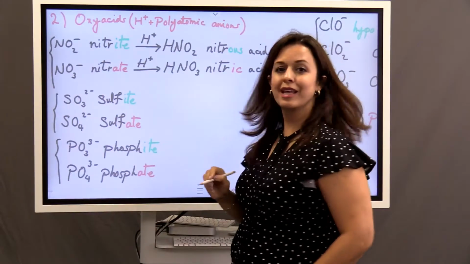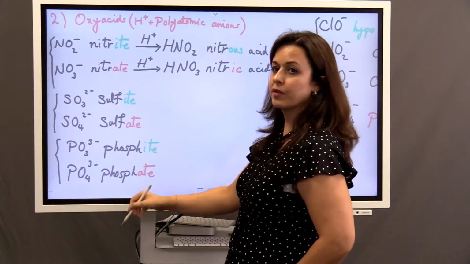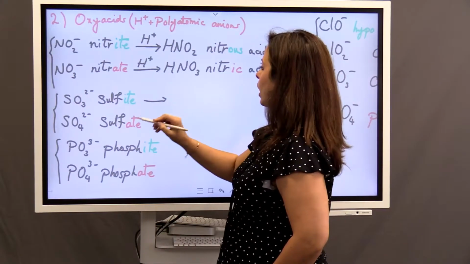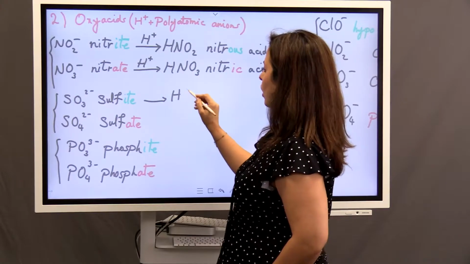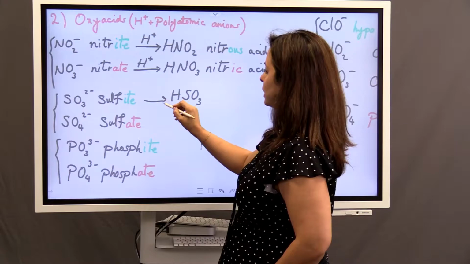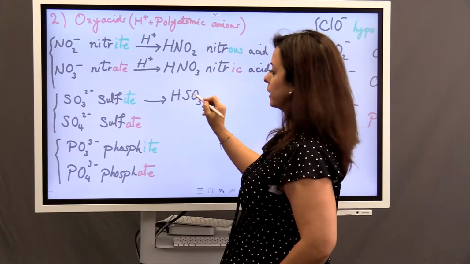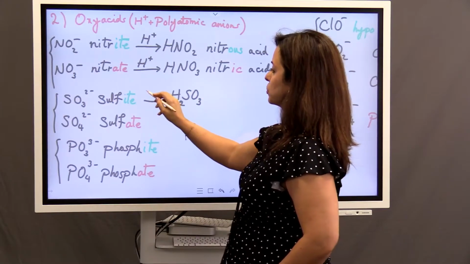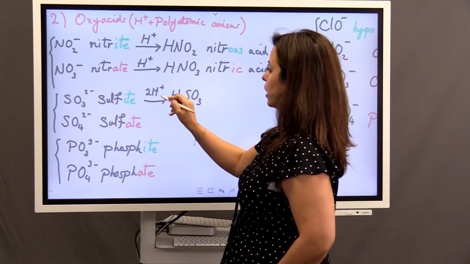Can you apply the same formula on the rest of them? After you add hydrogen ions to SO3, hydrogen has +1 charge, SO3 has -2, so you need 2 hydrogen ions, H2SO3.